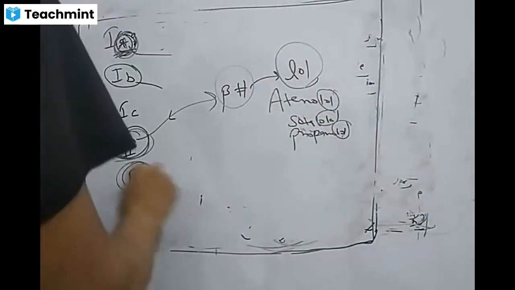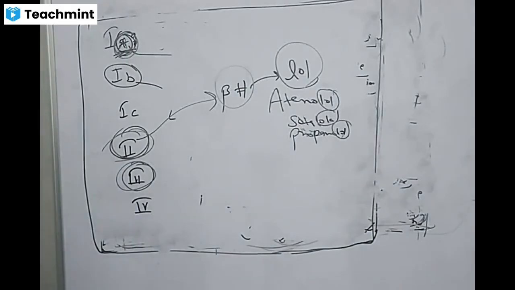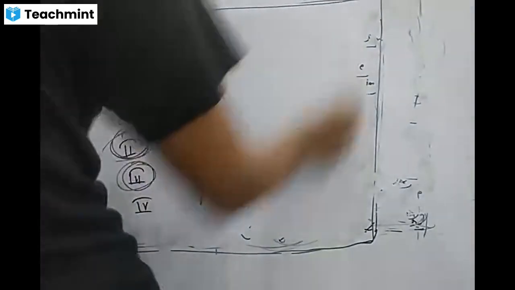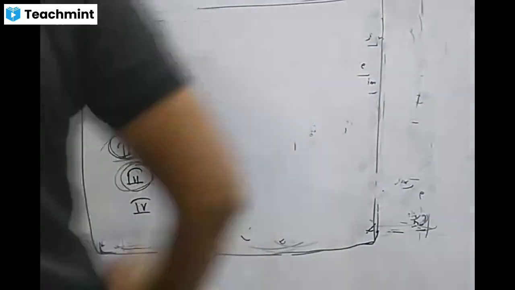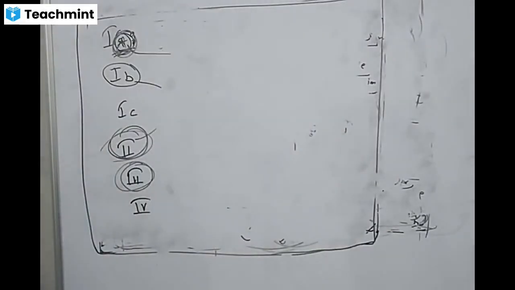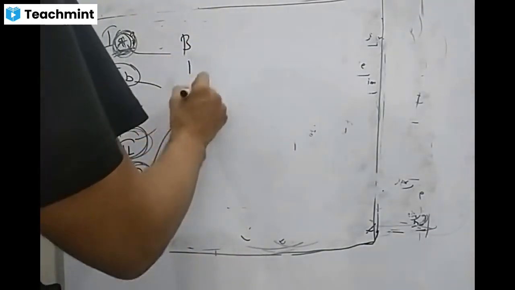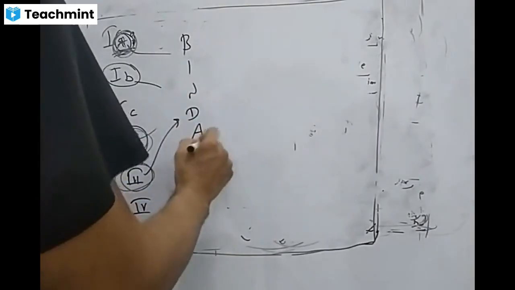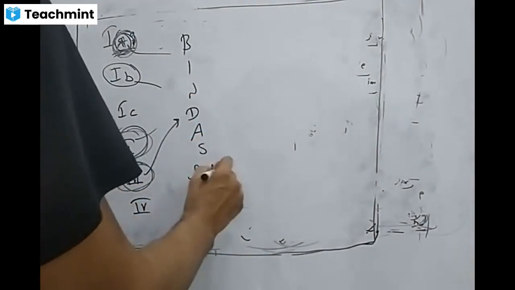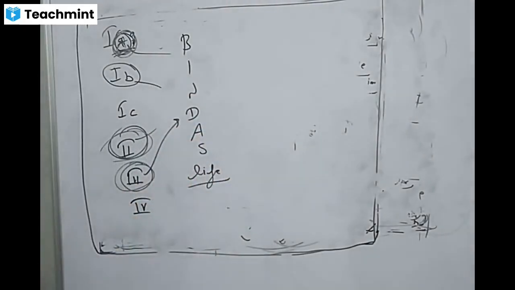Then there are class 3 people. Their standard of living is very much different. So what is their standard? They live a bindas life. These are class 3.